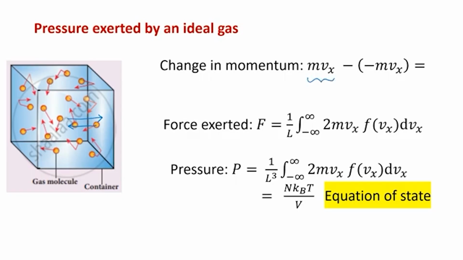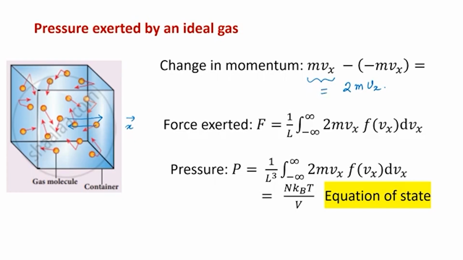So, the incoming momentum is m vx, considering this as the x direction. So, it is m vx, and the change in momentum would be minus of minus m vx, which is nothing but equal to twice m vx. Okay.